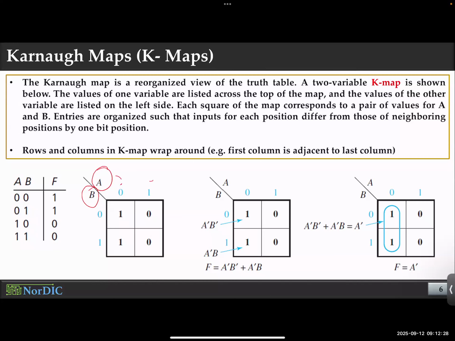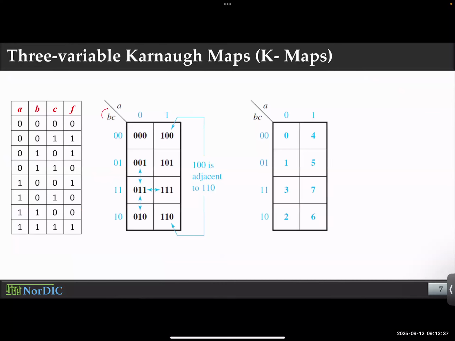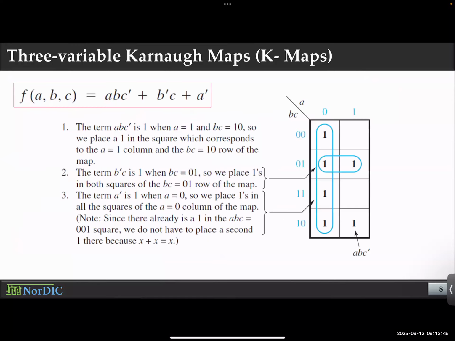For example, across the row or along the column, you just have one bit change. Even with two variables, for example here BC, you organize the combinations in a way that just one variable change occurs between two adjacent neighbors. Okay, and this is where we stopped, I think, in the last class.